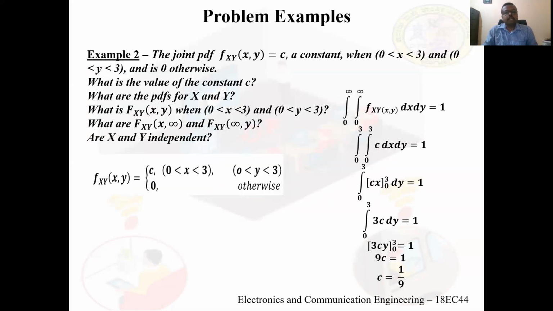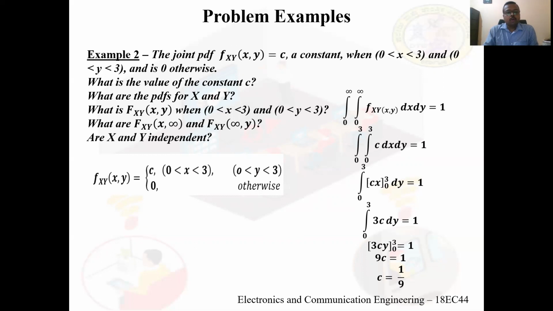Now we'll go to the second example. The joint PDF f_XY(x, y) is equal to c, a constant, when x lies between 0 to 3 and y lies between 0 to 3, and is 0 otherwise. First, you need to determine what is the value of the constant c.